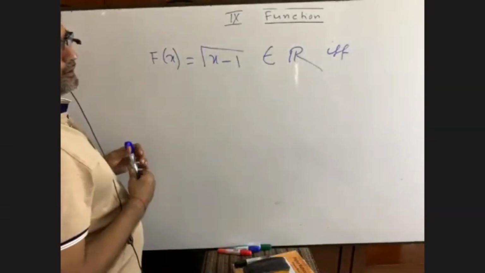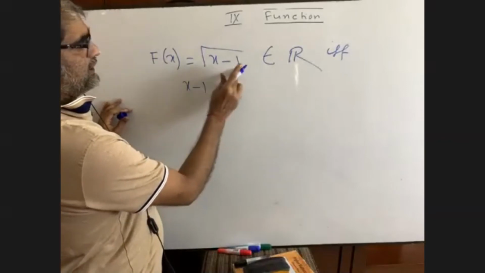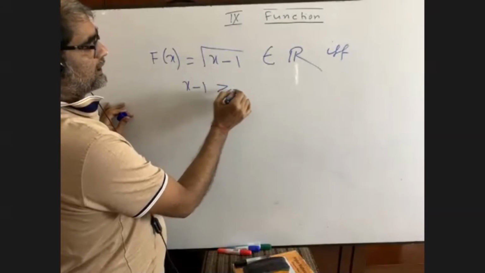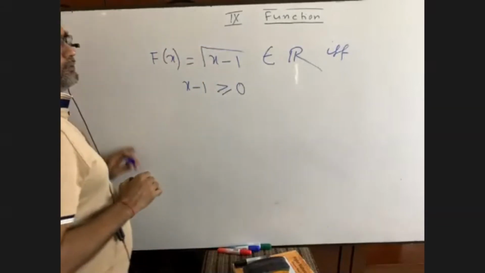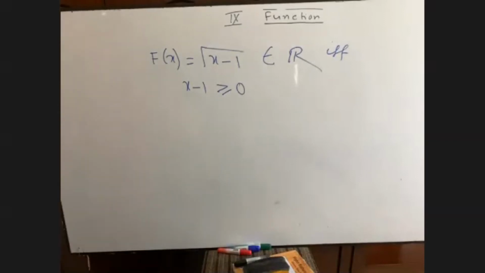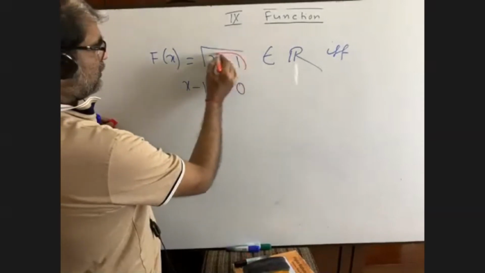I mean, x minus 1, this part inside the square root will always be greater than or equal to 0. Am I right? This part cannot be less than 0.